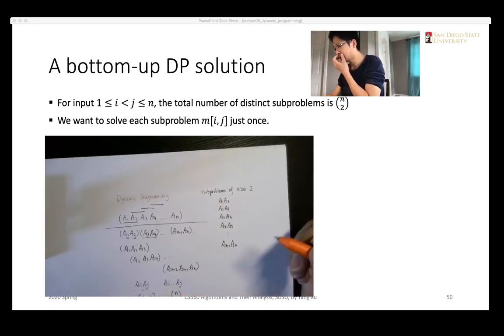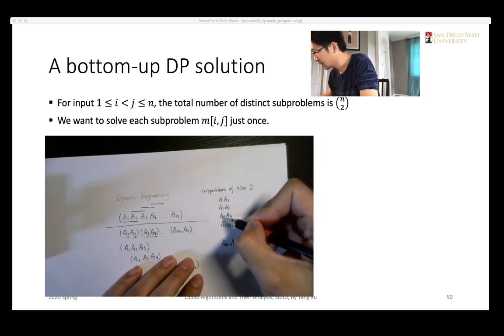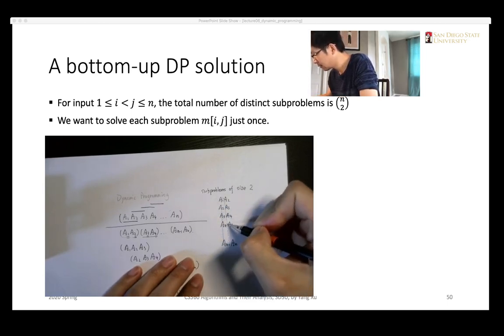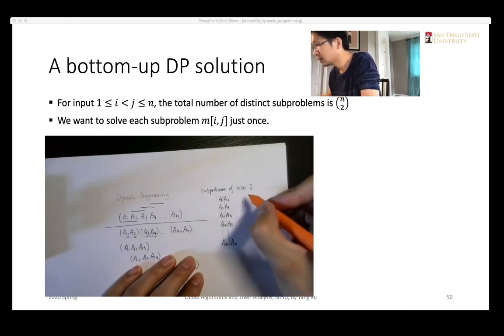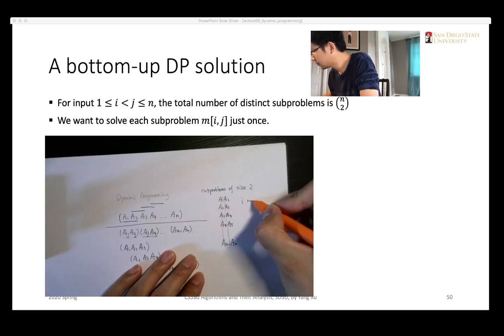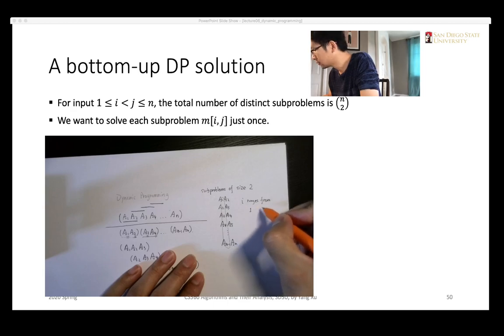If you look at the indices, the starting index i ranges from 1 to n minus 1.